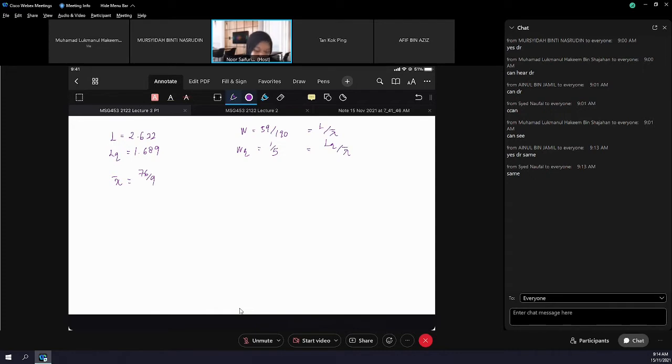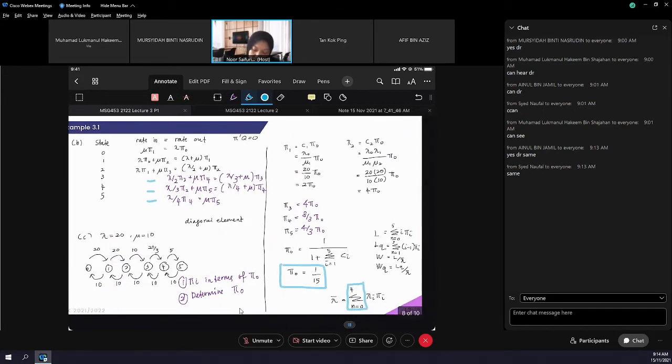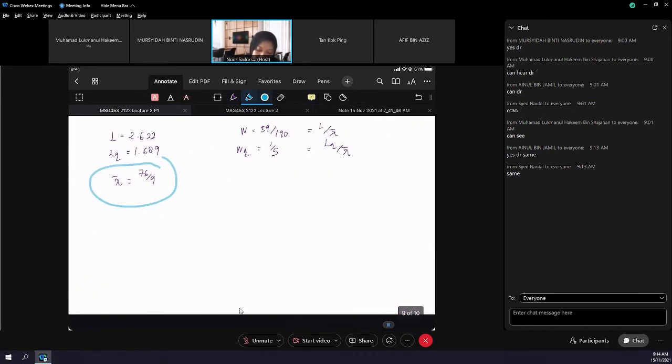First, you have to calculate this value. So n equals the summation from n equals 0 until 4 of lambda n pi n, because we use state n here.